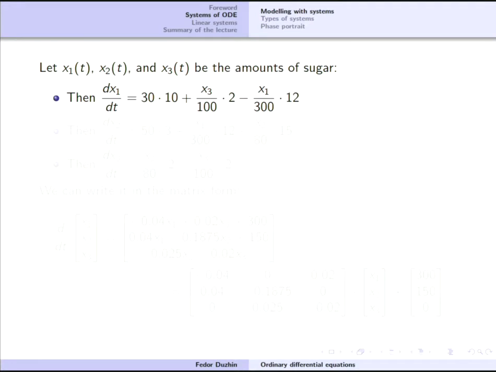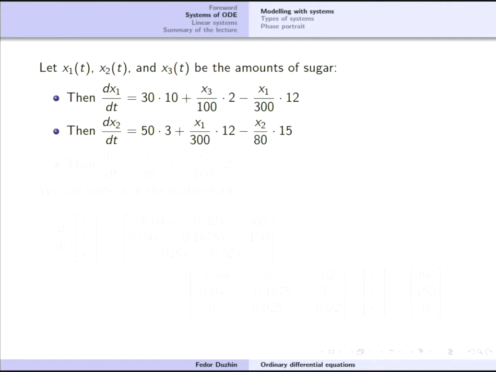That's how we get 30 times 10 for the dx1 over dt. Right? So then another source of sugar in the first tank is from the third tank. So there are two channels coming in and one channel going out from the first tank to the second tank, right?